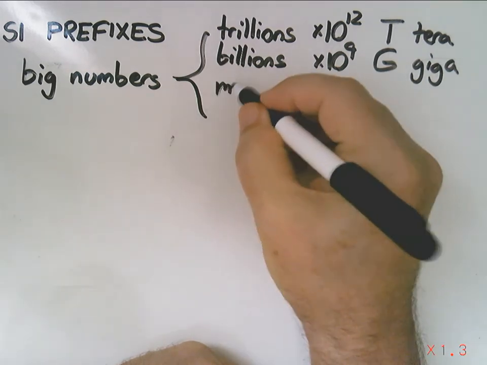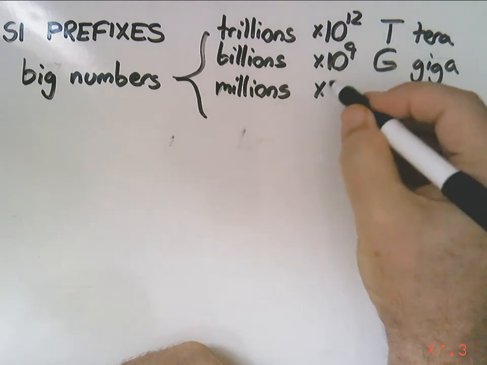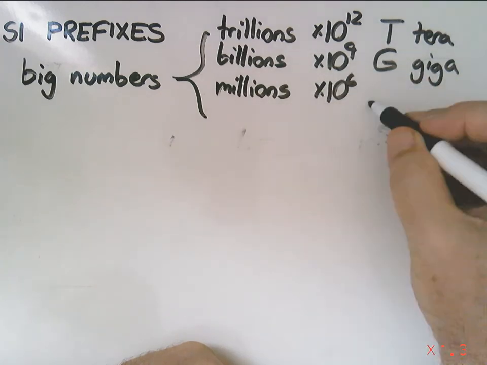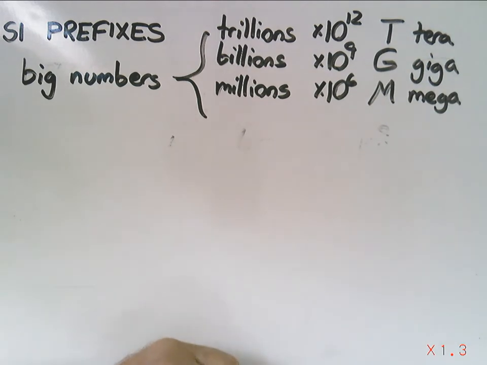Millions is times 10 to the 6. And that's a capital M. Capitalization matters. That's mega. So if someone talks about a bomb and they say it's a 4 megaton hydrogen bomb, that means 4 million tons of TNT is equivalent to that explosion.